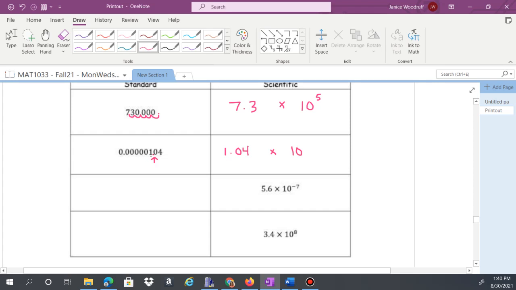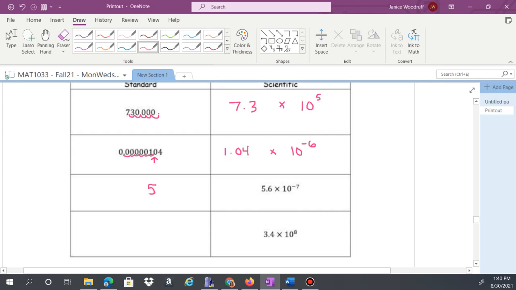And then from your original number, we are going to go, let's see, 1, 2, 3, 4, 5, 6 places to the left. Sorry, from my scientific number to my original number, I go left. So it is a negative 6. So then here you have 5.6 times 10 to the negative 7.